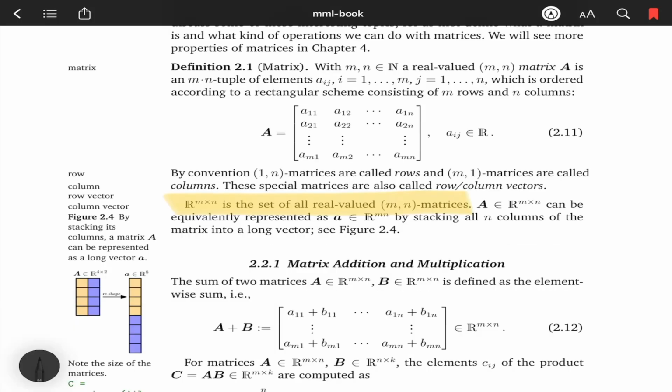And each matrix can be represented as a vector. This small bold a is a vector, this one. And what they mean here is m times n, so this is a single number. For example, here we have 8. So we take this definition, and then we can also represent that as a long vector.